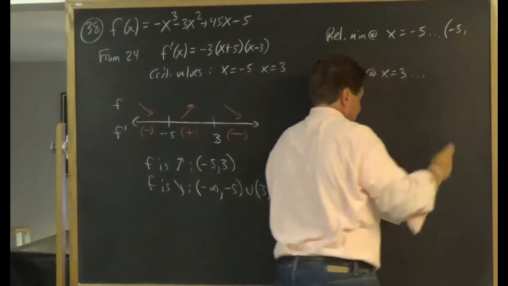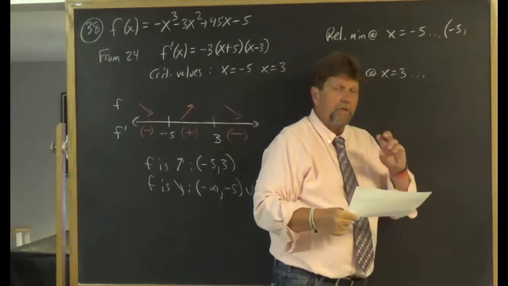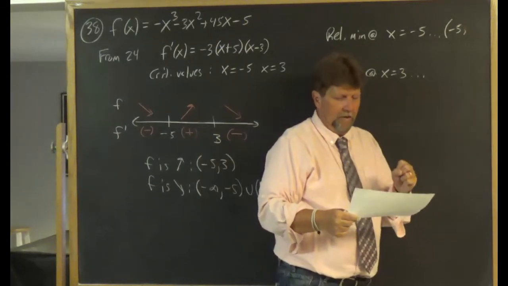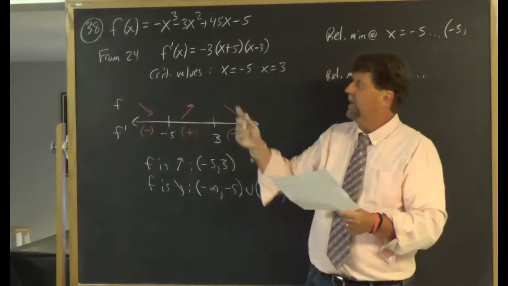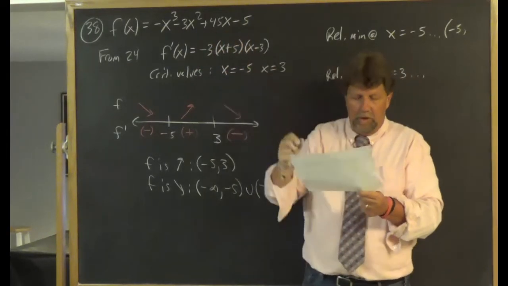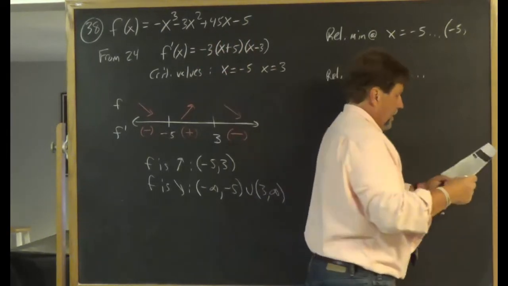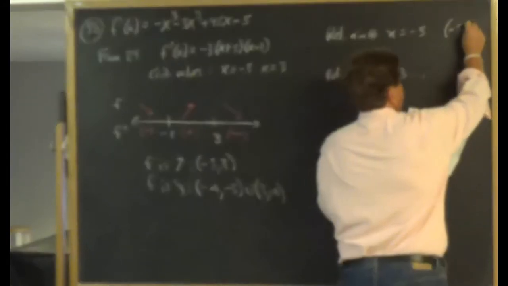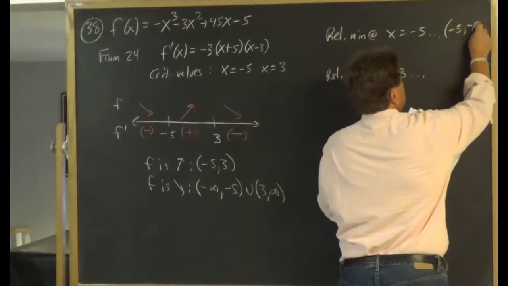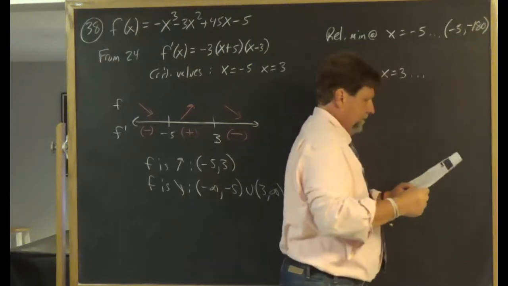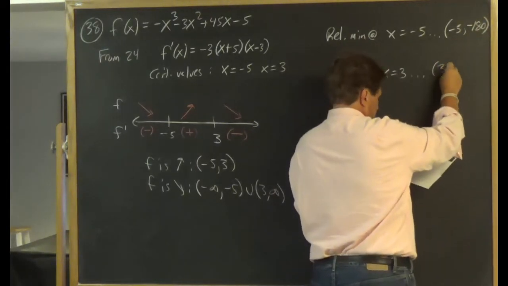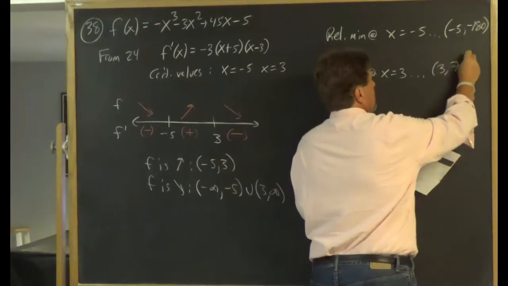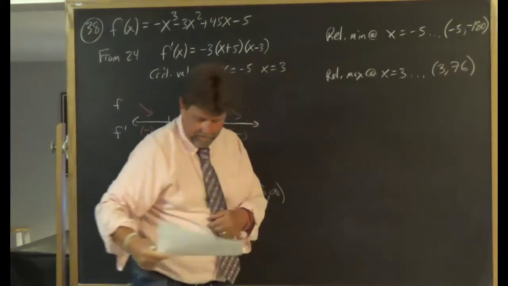And again, I like to list them as ordered pairs because we're talking about points that are actually on the graph of the function. So when I evaluate the function at -5, to get the y value, I get the relative min is at the point -5, -180, whereas the relative max is at the point 3, 376.